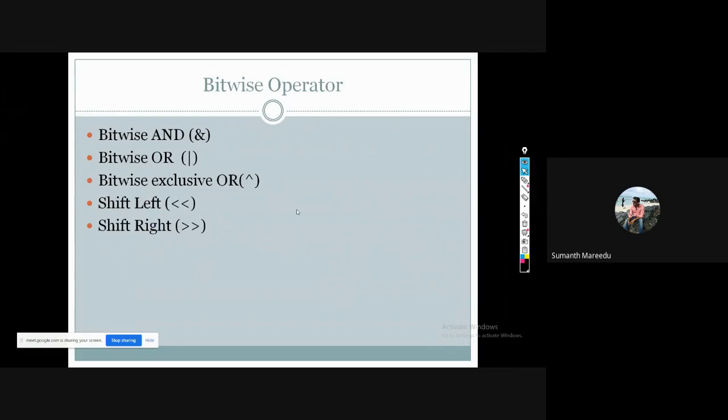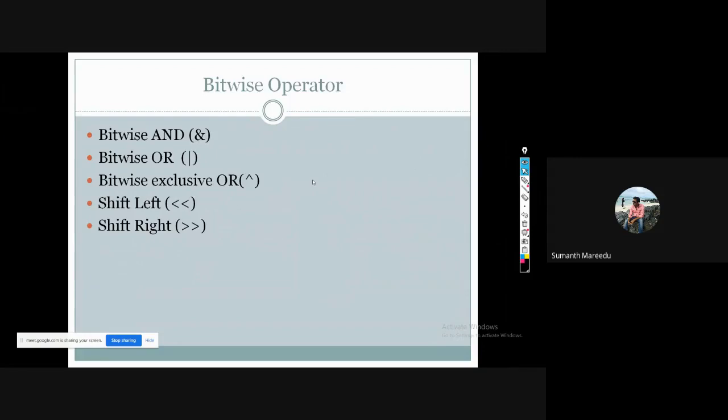What this bitwise operator actually means is these operations are performed on the bits. What is meant by bit? The smallest unit of computer memory.